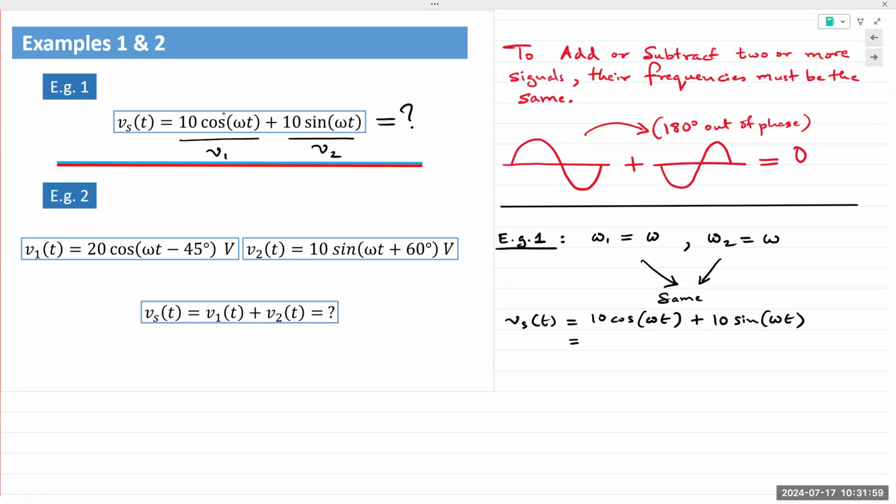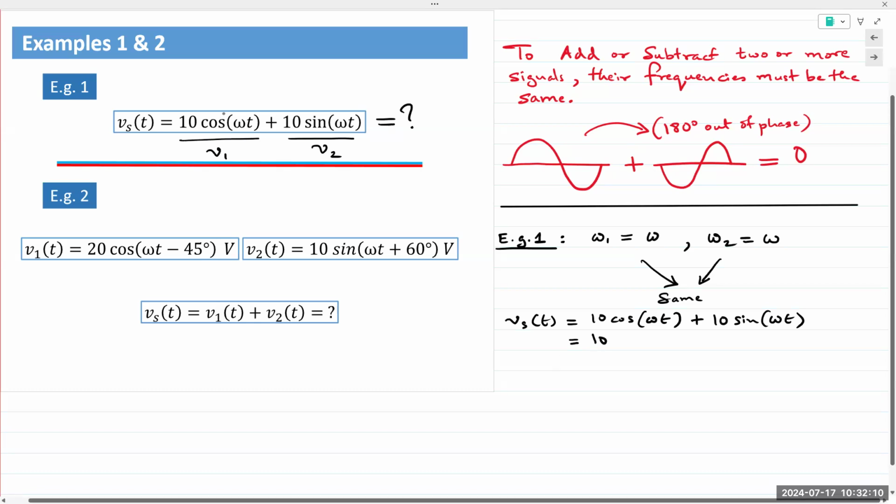But in order to perform the phasor transform, all signals must be in cosine format. Okay, you cannot write a phasor transform from sine. And so I have to convert the sine to cosine.